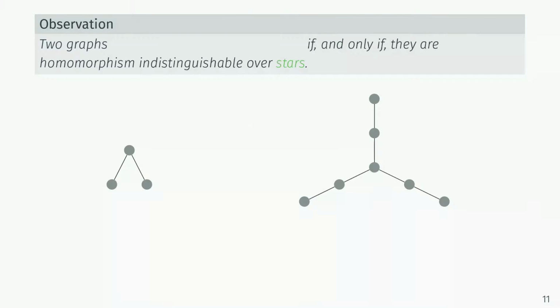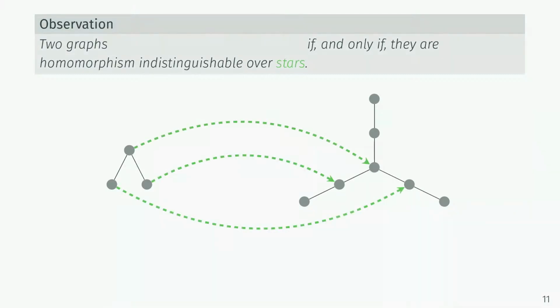So this is a star with two leaves. If you map the center vertex here, then you have this choice for the two other vertices. Then for each of the tips you have one choice for every neighbor of the chosen center. So in total, the number of homomorphisms from the L-tip star to G is the sum over all the images of the central vertex, where you take the degree of this vertex raised to the Lth power.